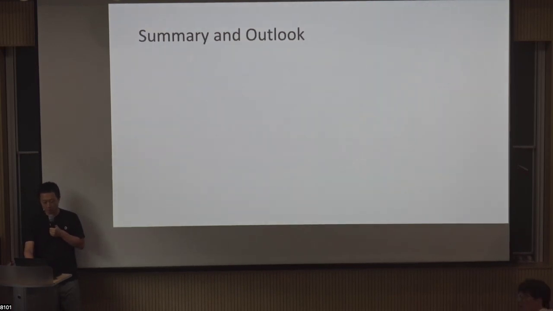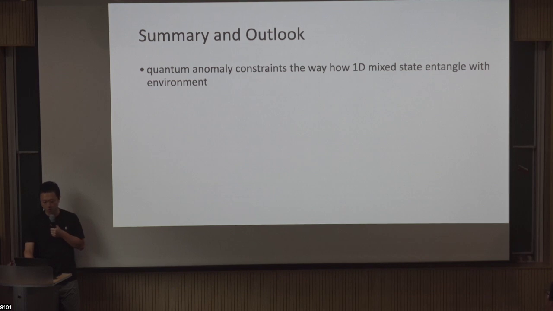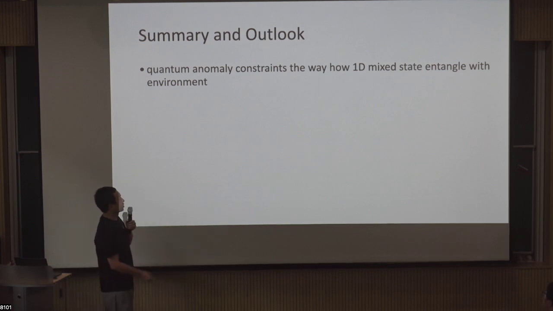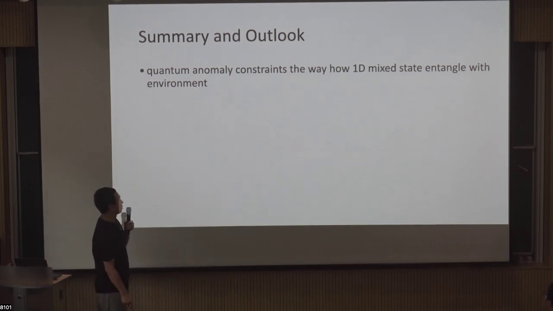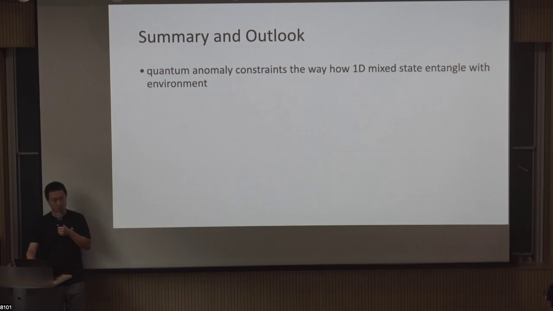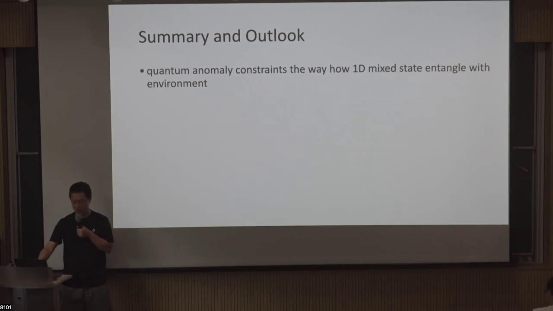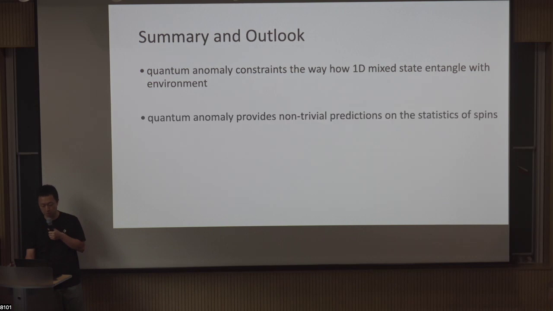Okay, so let me summarize this talk. I started with a slow introduction, explaining how the quantum anomaly constrains many things, like pure states, and how it constrains our 1D mixed states, how they are entangled with the environment. So that's the LSM entanglement proposal.